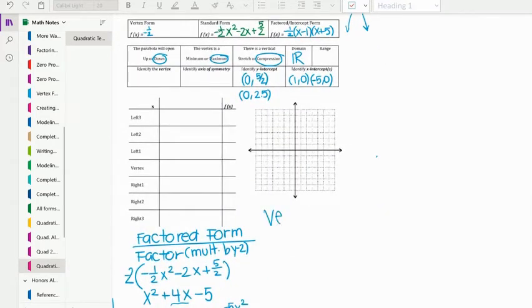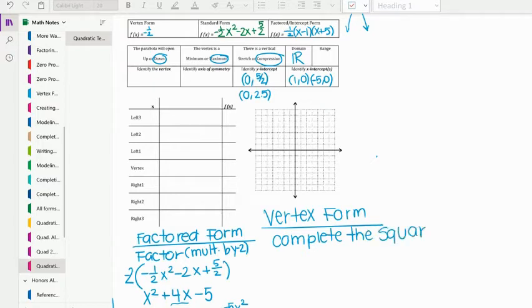So to put it in vertex form, just like we did last time, whenever you're putting in vertex form, you complete the square. So also just like the last problem, a has to be 1. So right now, the a value is negative 1/2, so a needs to be positive 1.